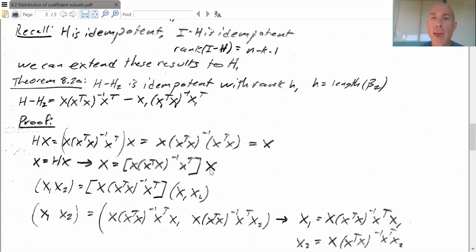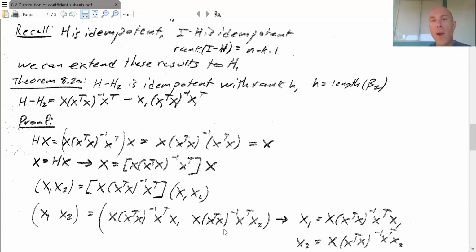Now, let's go ahead and apply this to X1, X2. So when I do this, I get X1, X2 is equal to the hat matrix times X1, X2. Now let's go ahead and distribute. I see X1 is equal to this, X2 is equal to this.